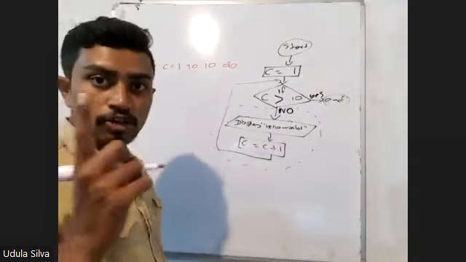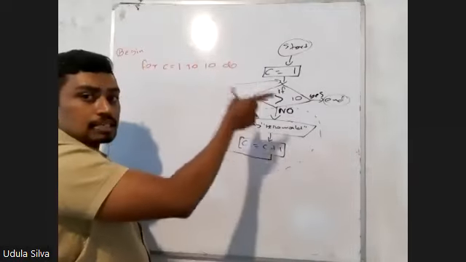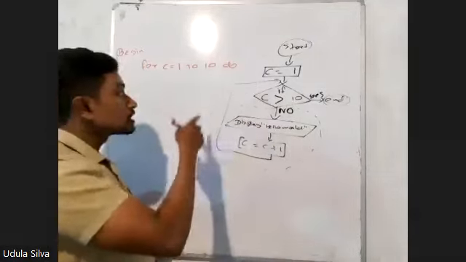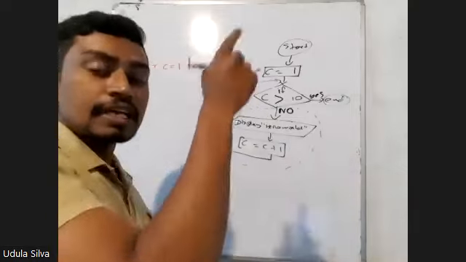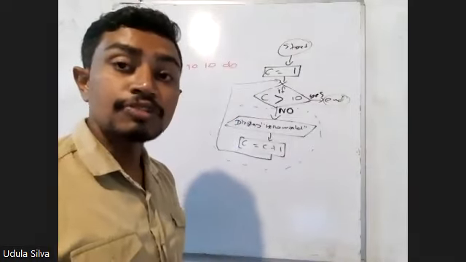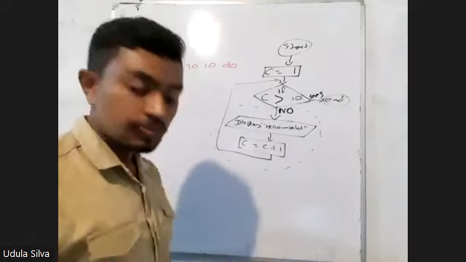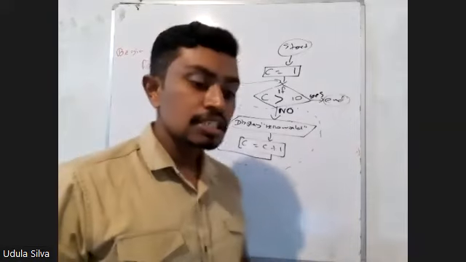So in each round C will go from 1 to 10. In the first round C is 1, second round C is 2, third round C is 3, 4, 5, 6, 7, 8, 9, 10. Again, C will go from which value to which value? From 1 to 10. So for that, how many rounds will C need?